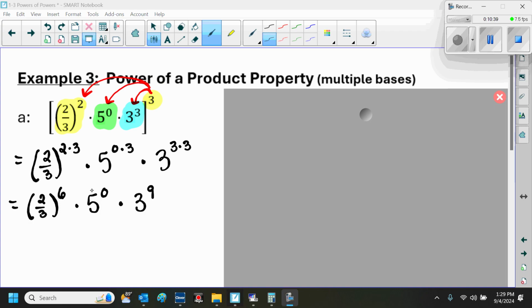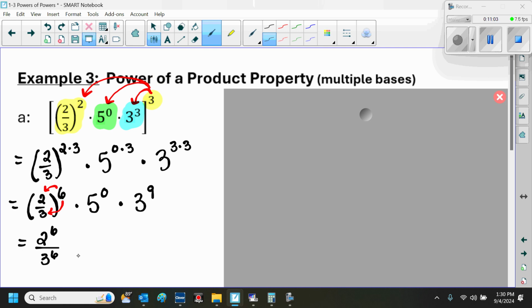So yesterday we talked about this power. So I taught this a little early. So that 6 has to get applied to everything inside the parentheses. Remember we talked about that yesterday? So this is going to be 2 to the 6 over 3 to the 6.